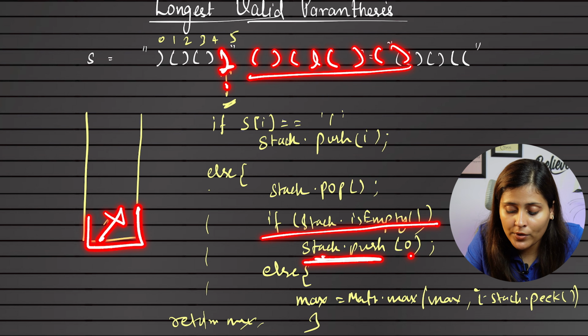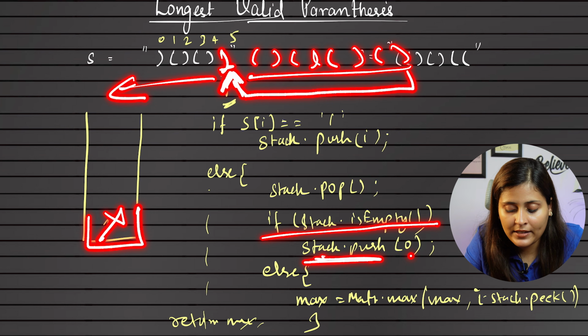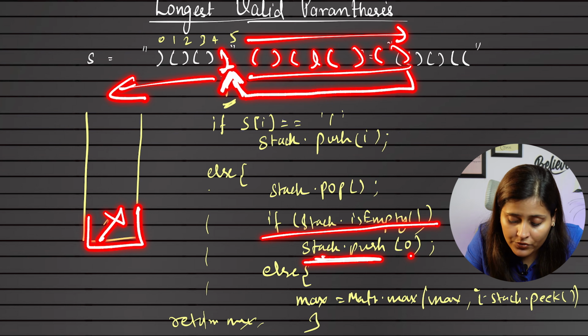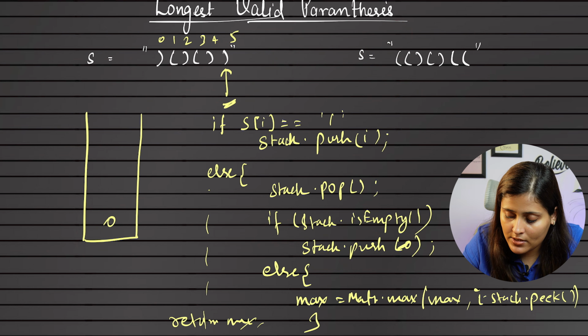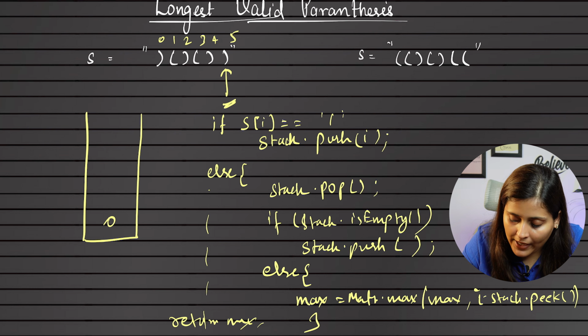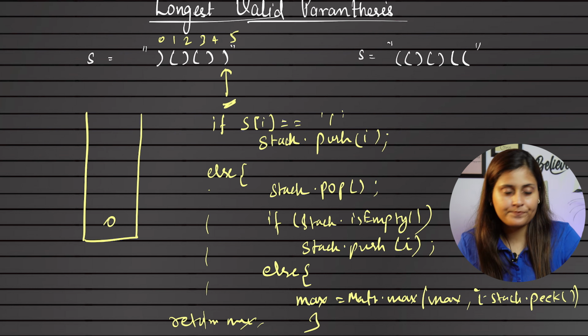Then for sure you want to calculate the valid length as per this index, because beyond this it is valid. Here it is valid, but because of this, it's not valid. So hence, instead of 0, you will push the current index, which is definitely I. I hope this is clear.